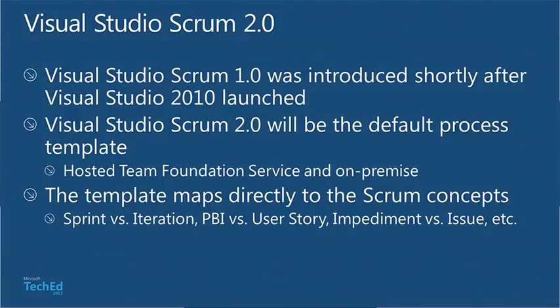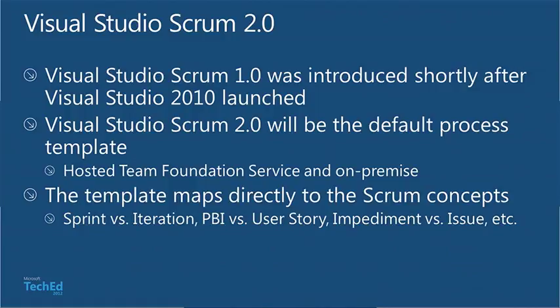Also worth mentioning the new Team Foundation Service, which is an Azure-based instance of TFS that you can use. The default for that also is Visual Studio Scrum 2.0. Anthony Borton, an ALM MVP from Australia, is doing a whole session on Team Foundation Service. So if you're interested in that, make sure you go along and check his session out.